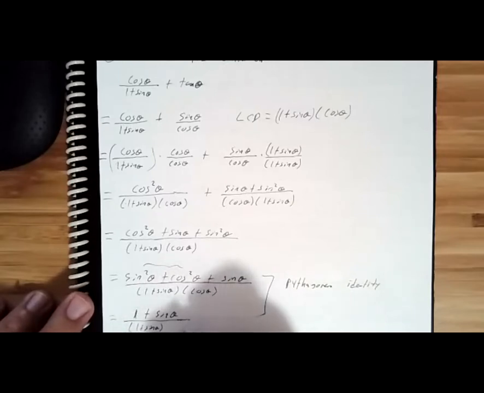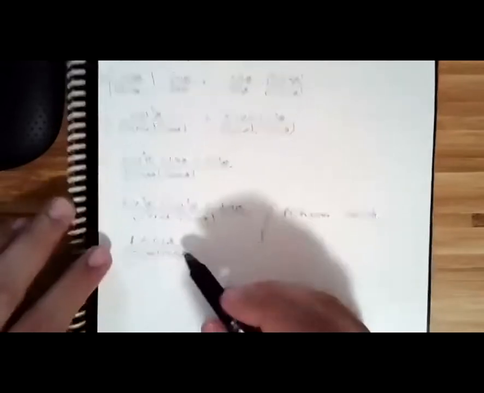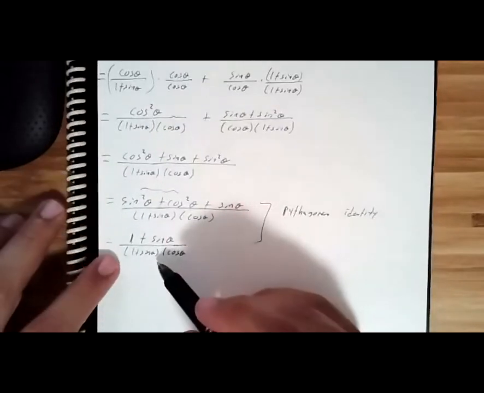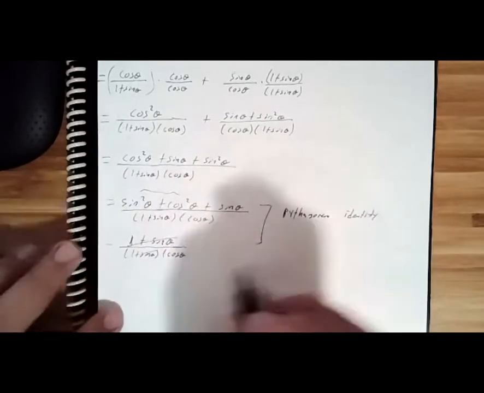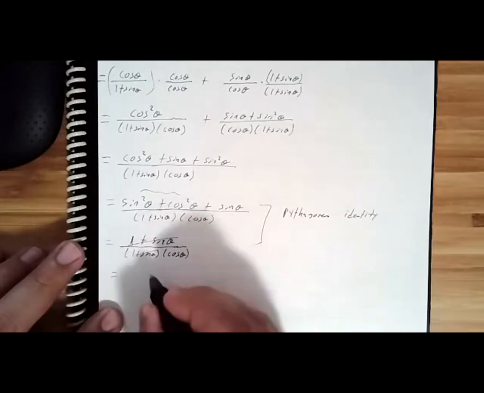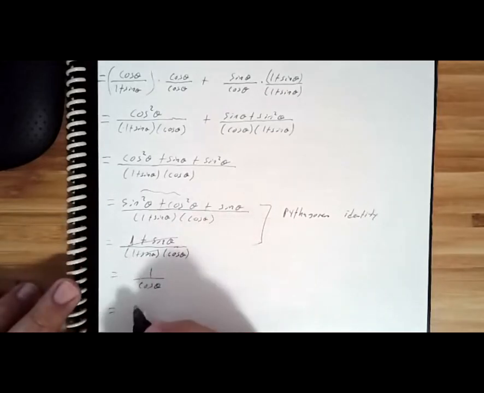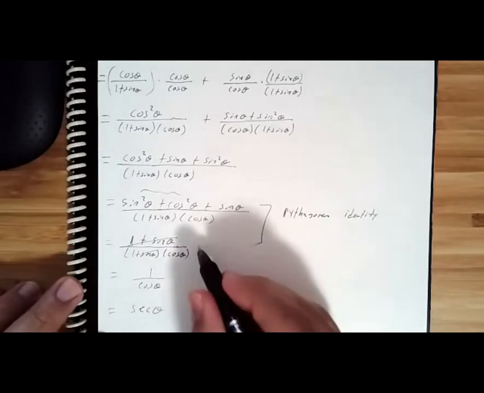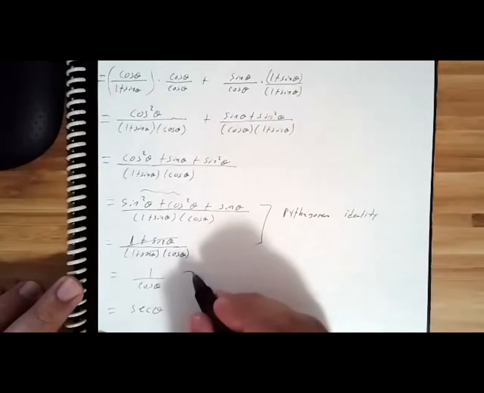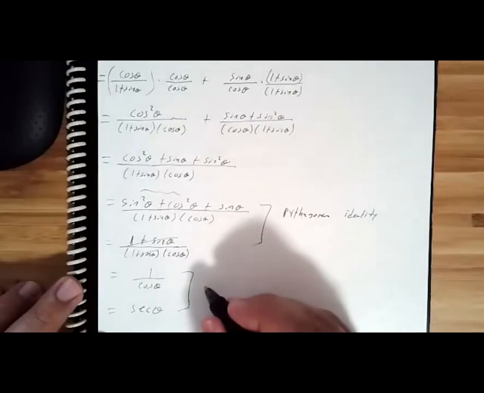And the denominator is still there. But notice you can cancel this piece, right? So we have a 1 plus sine theta on top and 1 plus sine theta on the bottom. So this cancels with this, leaving me with 1 over cosine, which is equal to secant. So from here to here, that was the, I think, quotient.